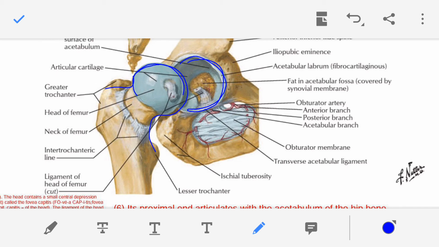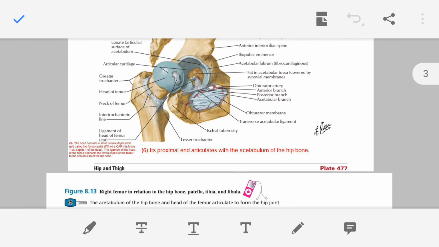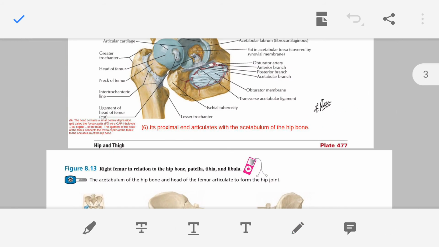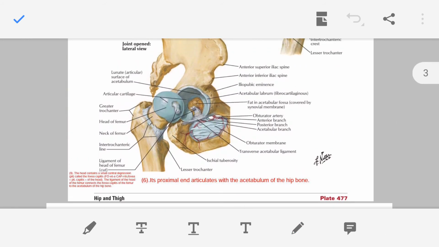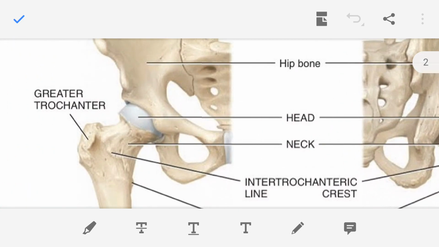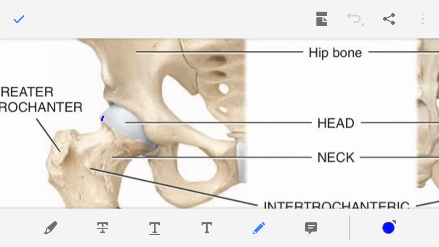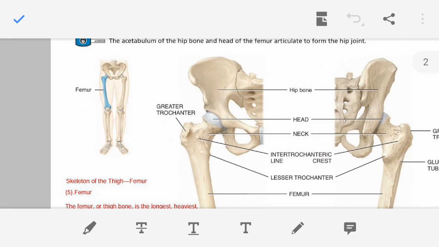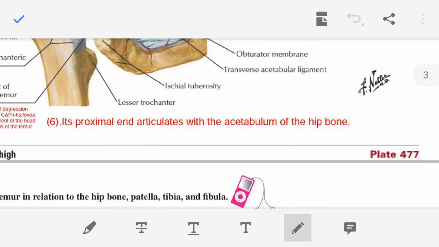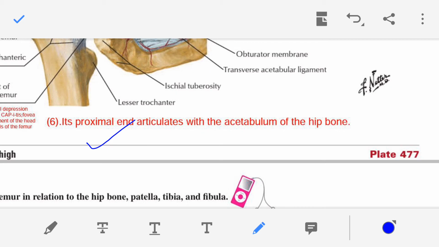So this head fits into the acetabulum, and the acetabulum is part of the hip bone. Here you will get a clear idea in this figure. So this was the sixth point of our discussion: the head articulates with the acetabulum of the hip bone.